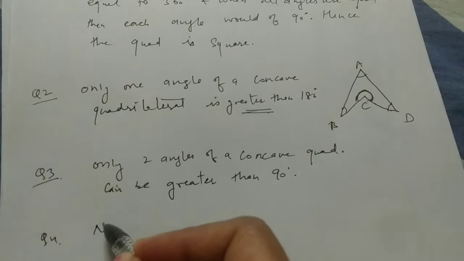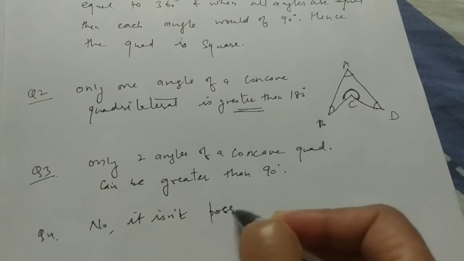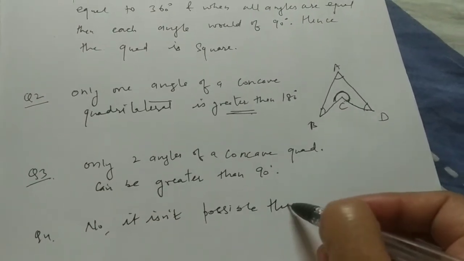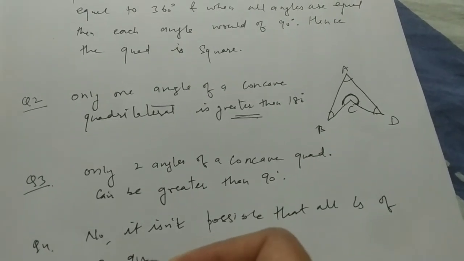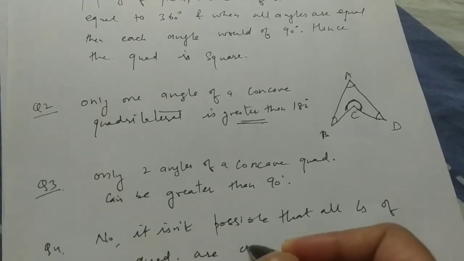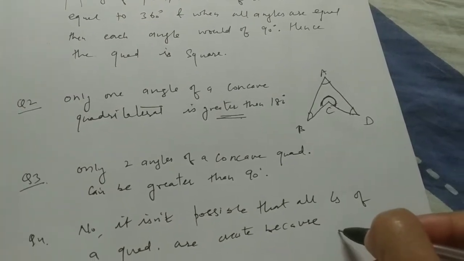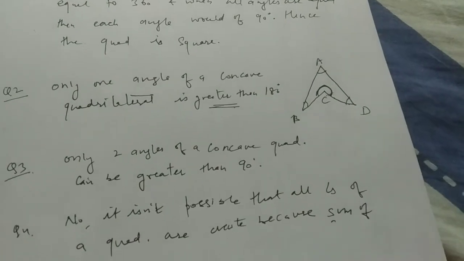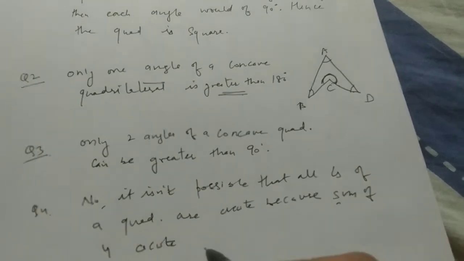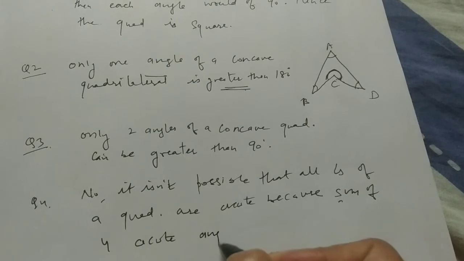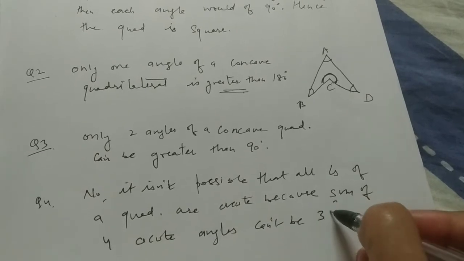So we would write no, it isn't possible that all angles of a quadrilateral are acute because the sum of four acute angles can't be 360 degrees.